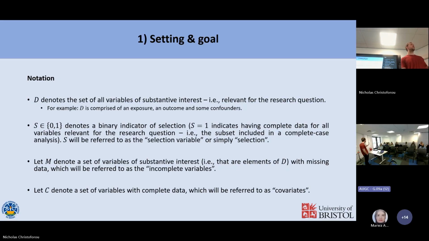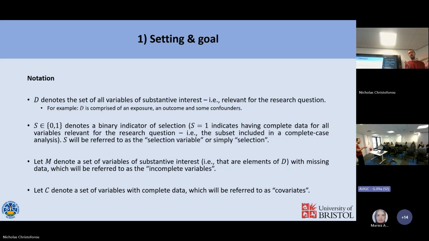You're going to have to measure your exposure and your outcome, and they are going to be part of D. And you're doing this in an observational study, so you're worrying about confounding. So you also need to measure some covariates to deal with confounding adjustment, and those covariates are also going to be part of D.